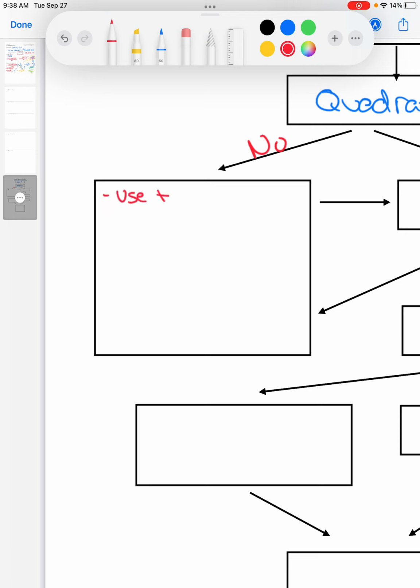So use the rational root theorem to find all possible roots.